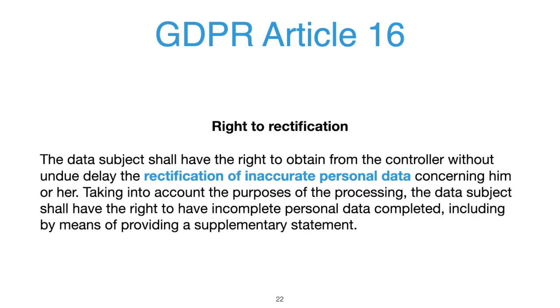So if you took out a loan and the bank mistakenly notified the credit rating agency that you missed a payment when in fact you didn't, and that's recorded on your credit history, you have the right to rectify that information, and you can have that information corrected.